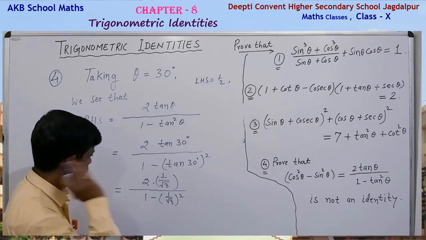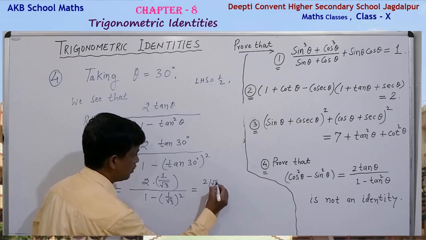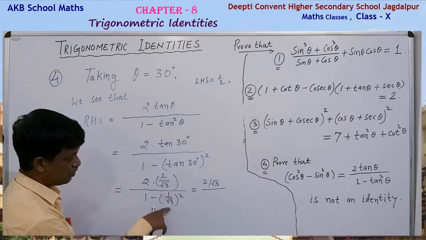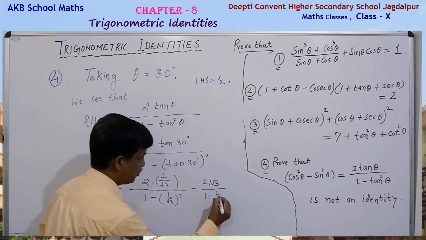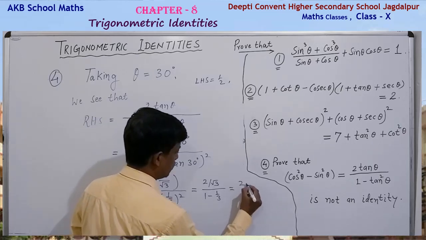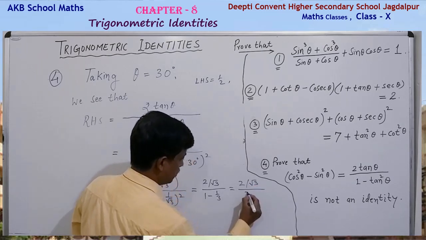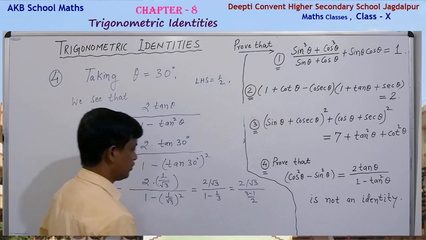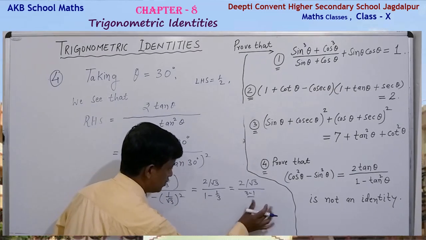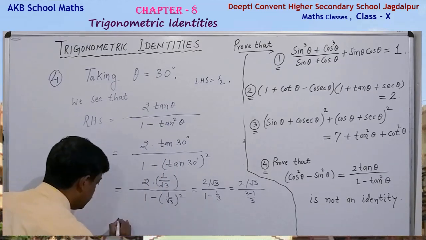Now solving it: the numerator is 2 by root 3, and the denominator, 1 by root 3 squared means 1 upon 3, so 1 minus 1 upon 3. Now you can solve it: 2 by root 3 upon what? 3 minus 1 upon 3, taking LCM.